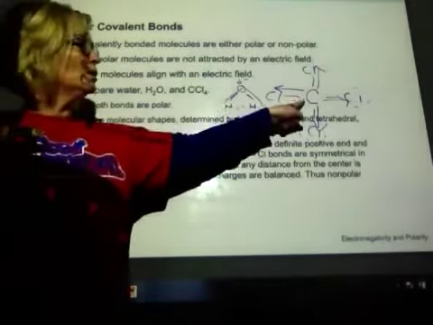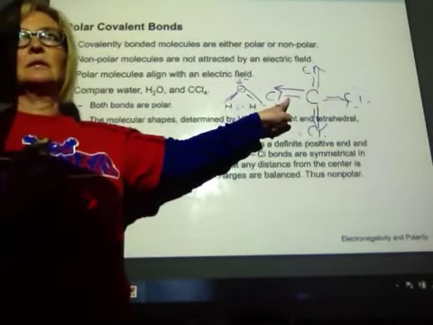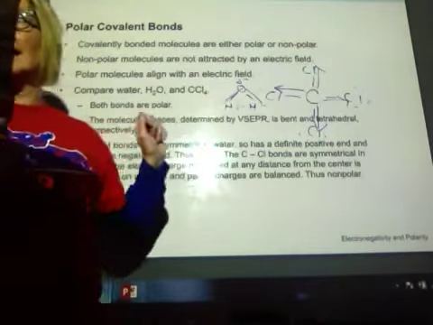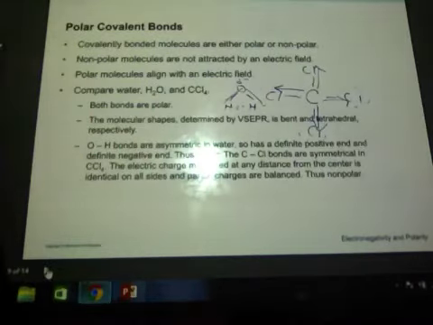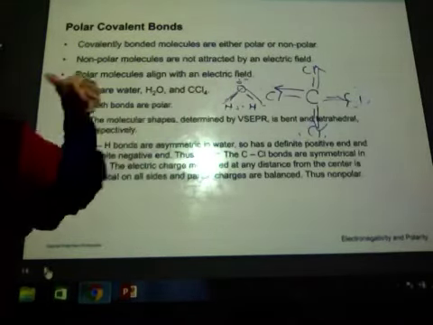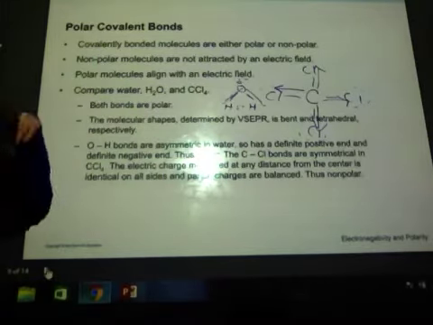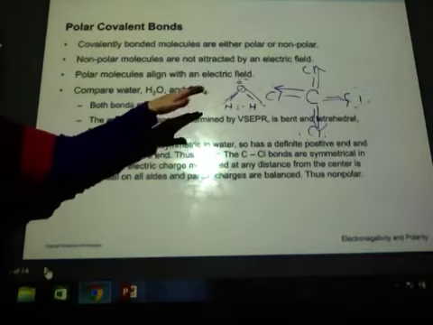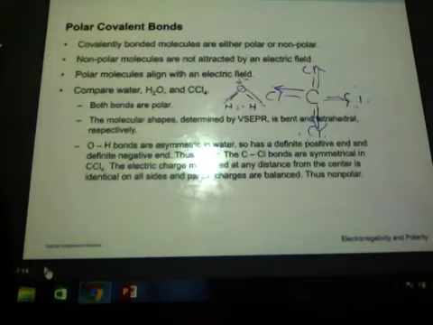So I have polar bonds, but my molecule is nonpolar. And the activity that we do today will help you look at that a little bit better. But that's the reason I have a polar molecule or nonpolar molecule: the shape of whatever molecule I'm looking at.